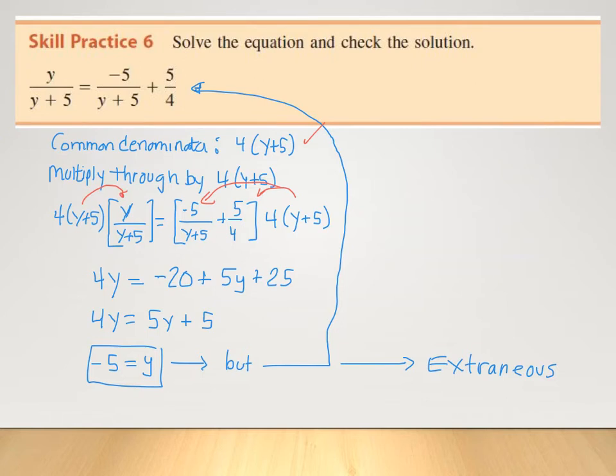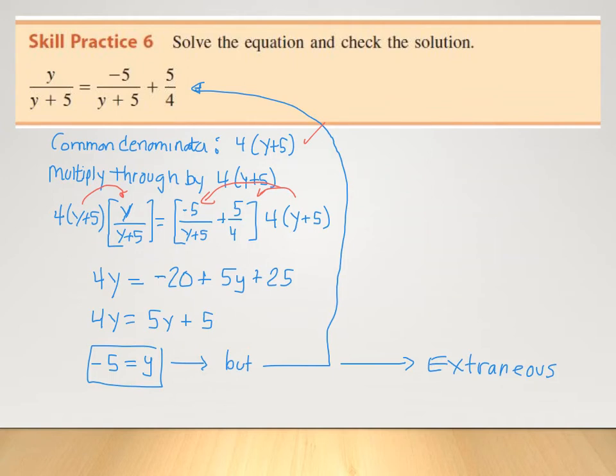And so you can see that on the left-hand side of the equation we get 4y. On the right-hand side of the equation we get a minus 20 plus 5y plus 25. And then, of course, we have to combine like terms.